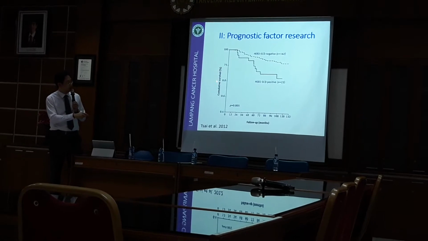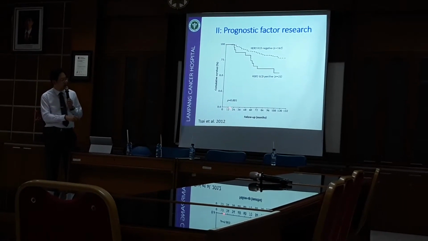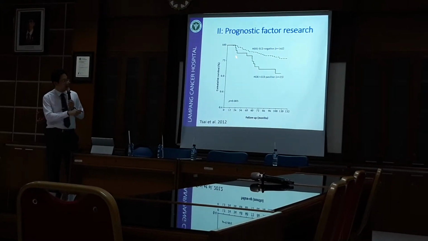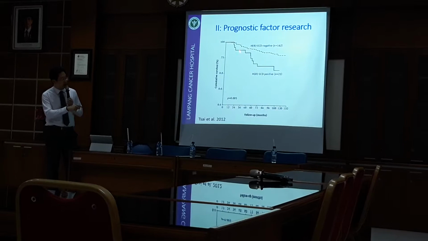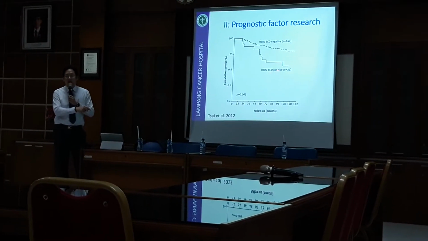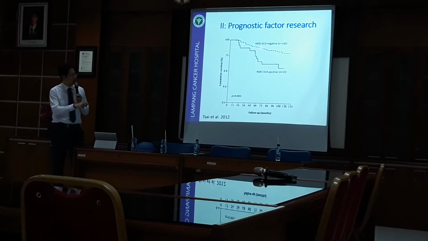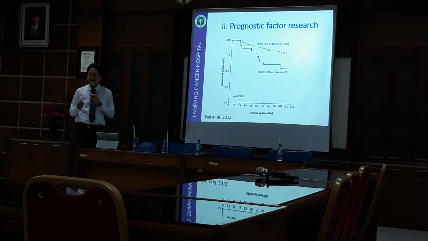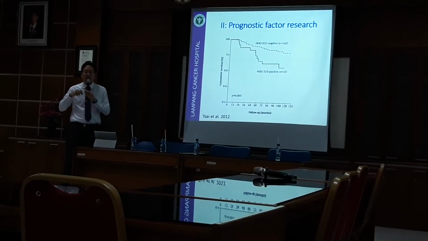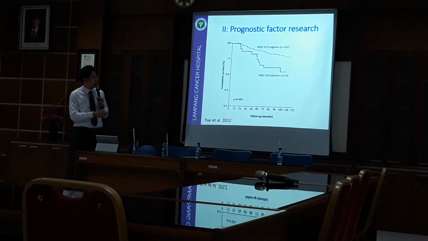This is survival over 1 year or 12 months, 2 years, 3 years. You will see that as time goes on, the survival rate decreases in HER2 positive without any treatment. Okay. So this is prognostic factor research, to find factors that have different prognosis, poor prognosis and best prognosis. Okay.